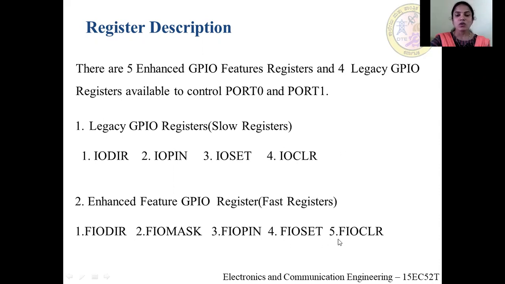These registers are 32-bit because the port is 32-bit. To control a 32-bit port, we need a 32-bit register, so each register is allocated 4 memory locations.